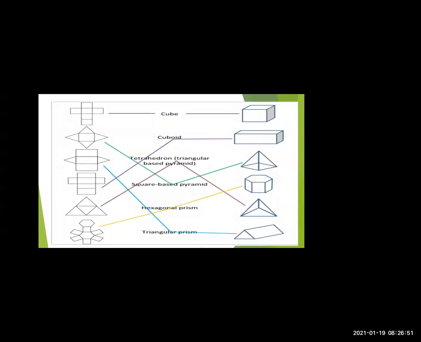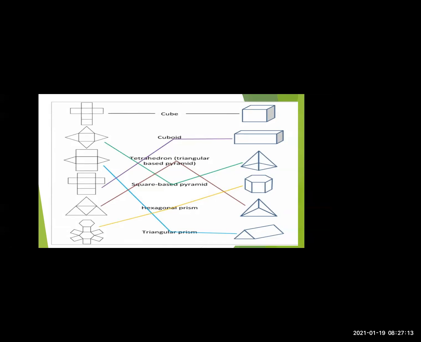Okay, we'll try. See here. The next shape, the base is square and it has been covered by 4 triangles. So it is a square based pyramid because the base is square and it is covered by triangles from all the sides. That's why it's called a square based pyramid.